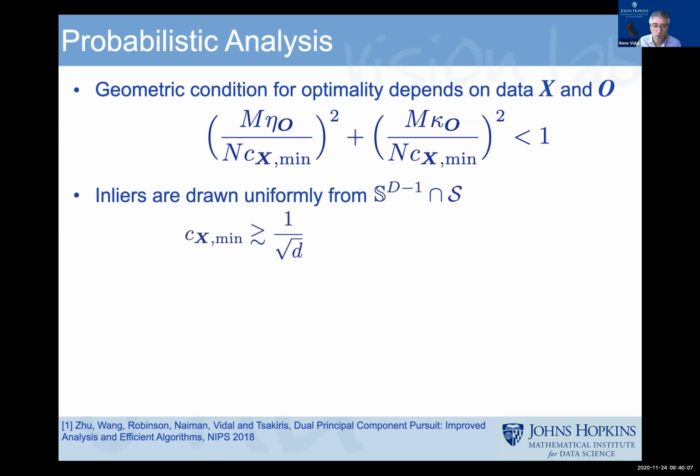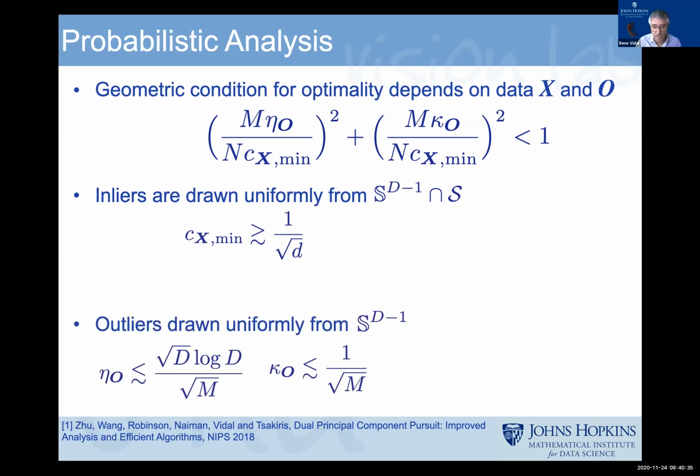So the question is, what is the distribution of these quantities? Let's assume that the inliers are drawn uniformly at random from the subspace, with unit norm inside that subspace. In this particular case, we can show that the CX mean quantity concentrates around 1 over square root of d. Okay, so that's the first result.